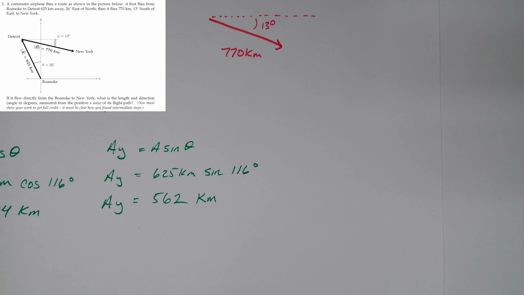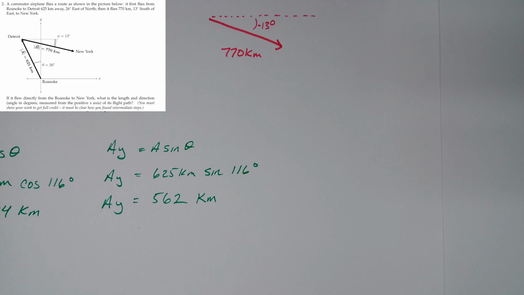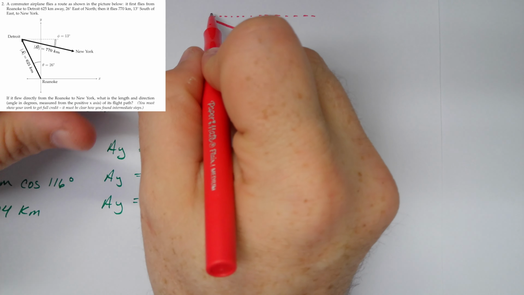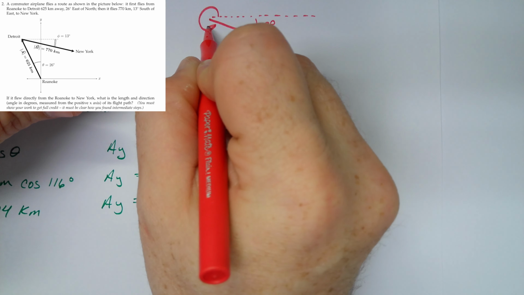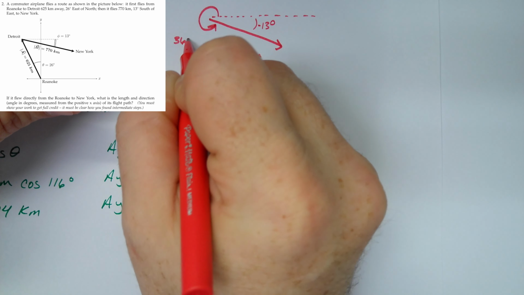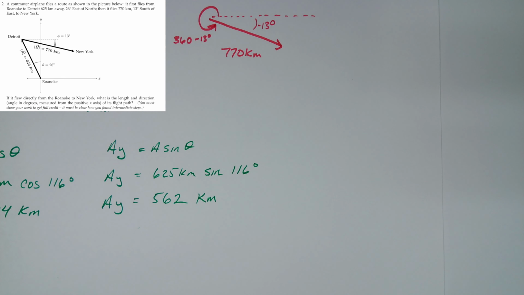And this one we can work with. We can just say that it's a negative 13 degrees because it's below the x-axis. Going the longer other way around, like this, would be 360 minus 13 degrees, or 347. But I'm just going to work with the minus 13.